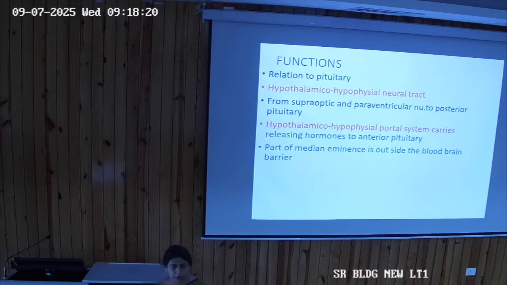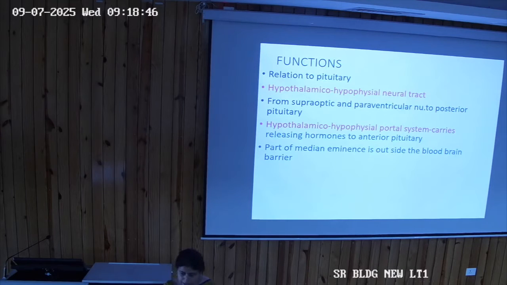When we are talking of the pituitary gland, it is divided into anterior and posterior. When we are talking of posterior, we are again very much aware that it is responsible for two particular hormones, that is oxytocin and ADH. But these particular oxytocin and ADH are getting formed in the hypothalamus.